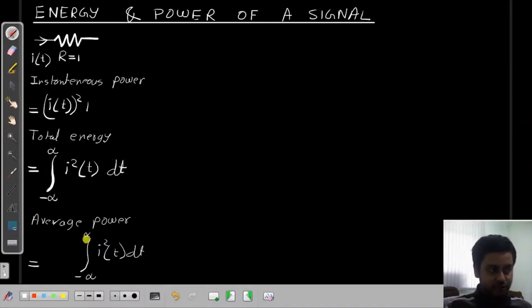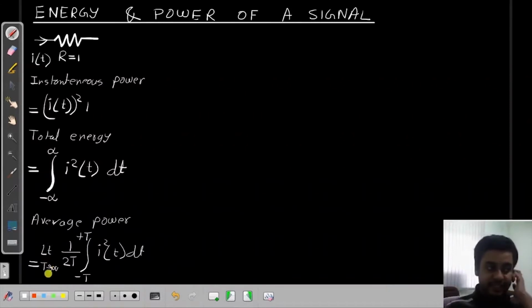Now in this case total time is infinite, so let me write it this way. Say starting from time minus T to time plus T, and then divide it with total time span 2T, and let this T tend to infinity in limit.